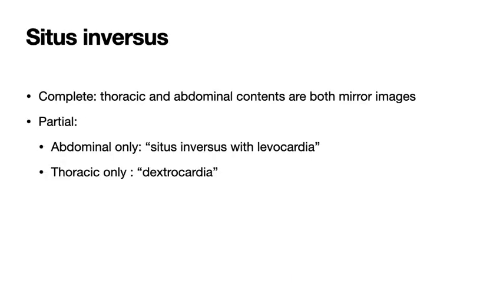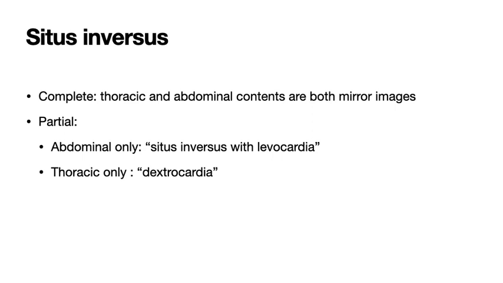And lastly, we'll dip into situs inversus again. If you have complete situs inversus, that means the thoracic contents and the abdominal contents are both mirror images. If it's partial and you only have abdominal situs inversus, typically the way it's described is situs inversus with levocardia.